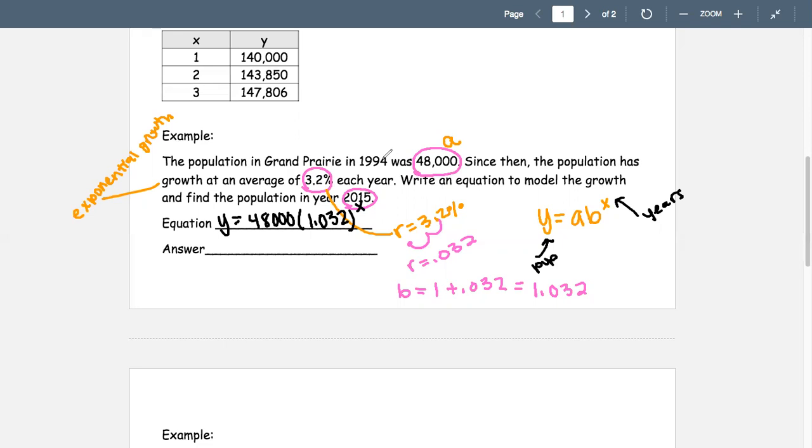So I started at 1994, but I want to know what the population is in 2015. Yes, I need to do the years in between. So 2015 minus 1994. How many years is that? 21. So I need to plug in 21 for X. So I'm looking for when X equals 21, what is Y?